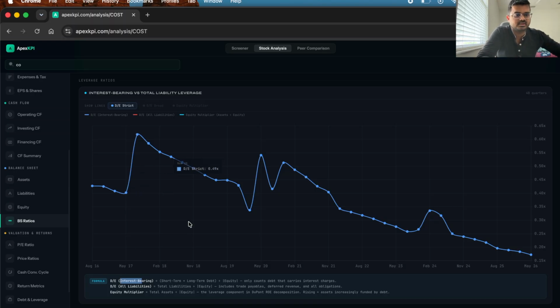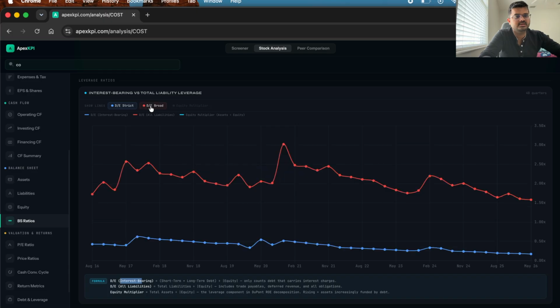So in this case, the stricter one, interest bearing debt, was at 0.6 during 2017, but the beautiful part is the number has been reduced consistently and it is at just 0.17 for interest bearing debt. That is, for every $17 of interest bearing debt they have $100 of equity, which means they are sitting in a healthy number.